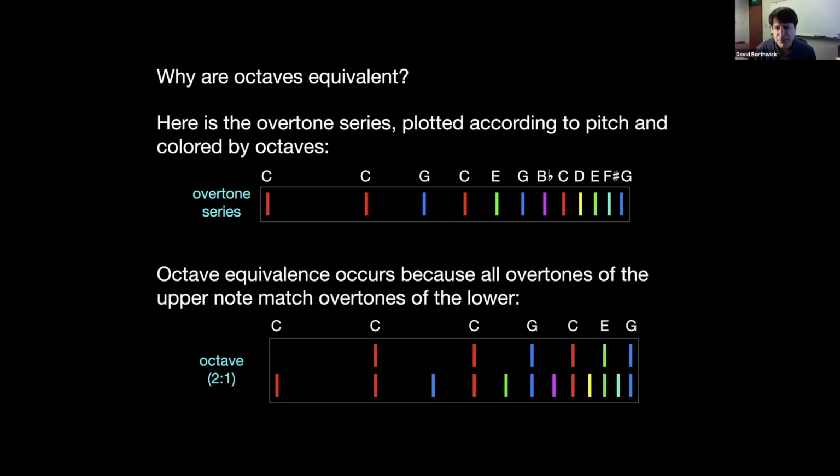And so when you have two notes that are exactly an octave apart, the upper note has the overtone pattern shown up above in this plot. One of the things you notice is that all of the overtones of the upper note are contained within the overtone pattern for the lower note. So that explains the octave equivalence, right? The overtones that you're hearing from the two different notes are very, very similar. In fact, every overtone for the upper note is an overtone that you're already hearing for the lower note. So your ear just puts those together and says that's the same pitch.